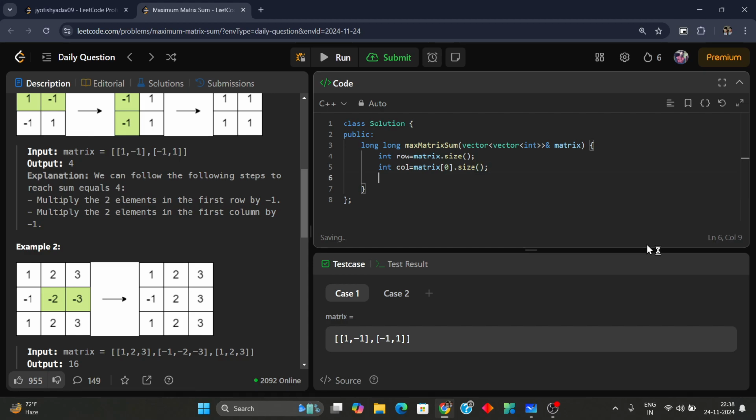So we get the number of rows and number of columns. Now I will declare a long sum and initialize it with 0. After that, I take the min value as integer max value, and initialize the negative count to be zero.